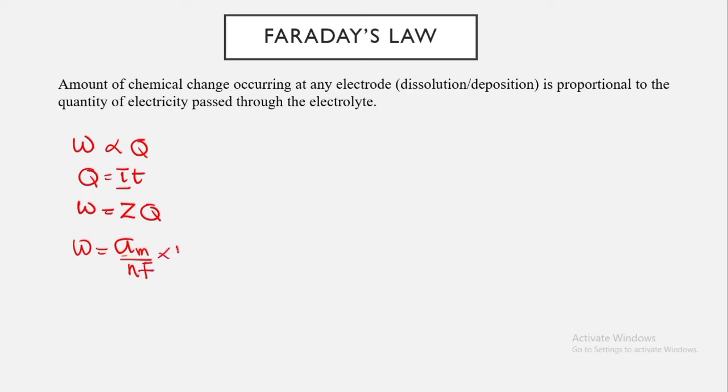When you do all this derivation, you end up getting that the corrosion rate, R, is equal to the mass reacted all over the area times time, which is equal to the atomic weight times the corrosion current density all over the number of electrons transferred times the Faraday constant.